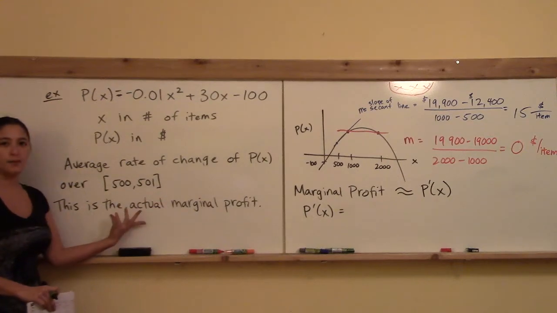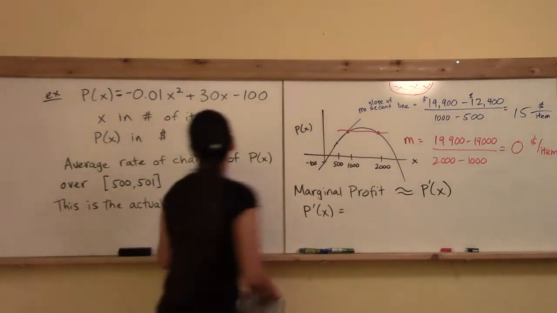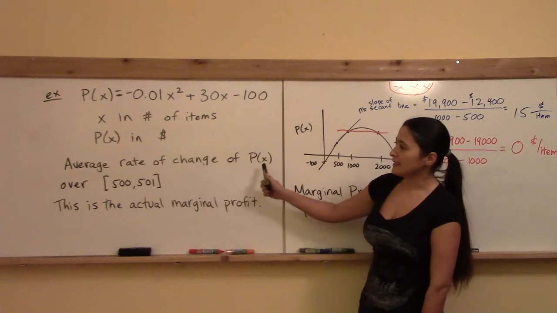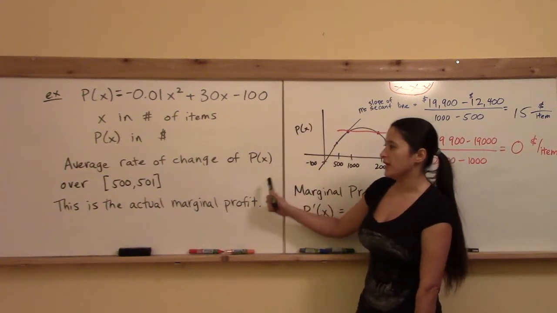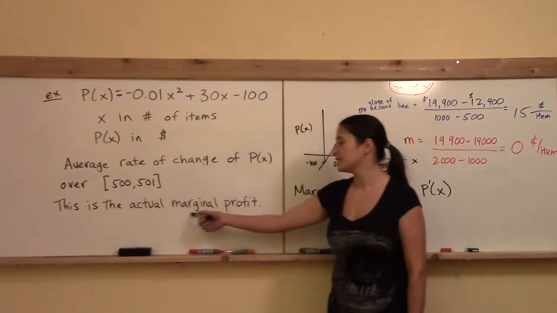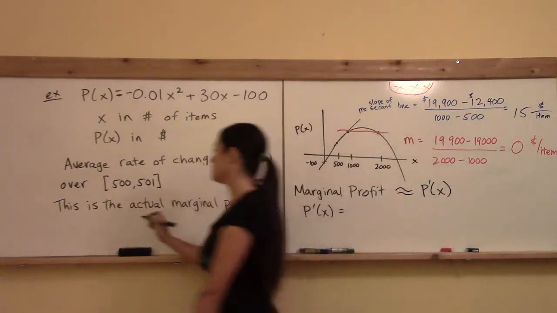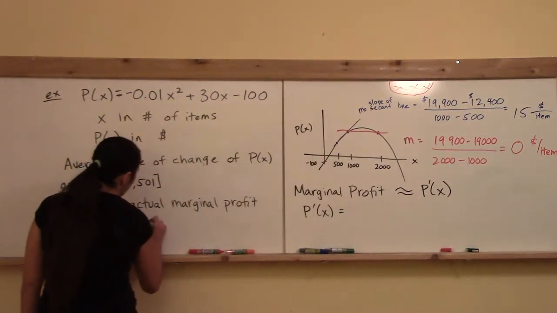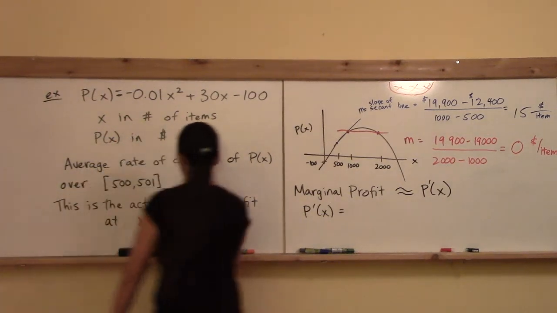So over here, I'm going to write down what's true, is that strictly the average rate of change of p of x over the interval from 500 to 501 is going to be the actual marginal profit at the quantity x equal to 500.